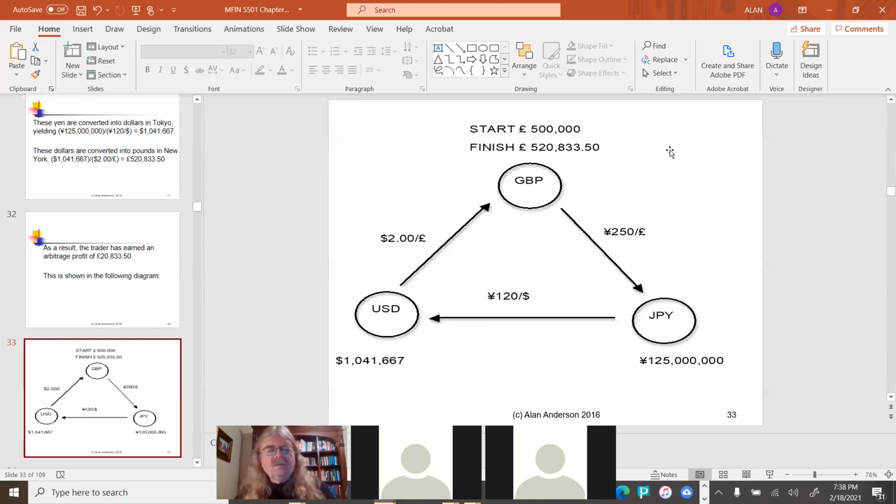Okay, and of course, this also implies that I could do the same thing with yen. I could start with yen in the bottom right-hand corner. It doesn't matter. I'm still going to make a profit as long as this is inconsistent with the others and as long as I'm going in the right direction.